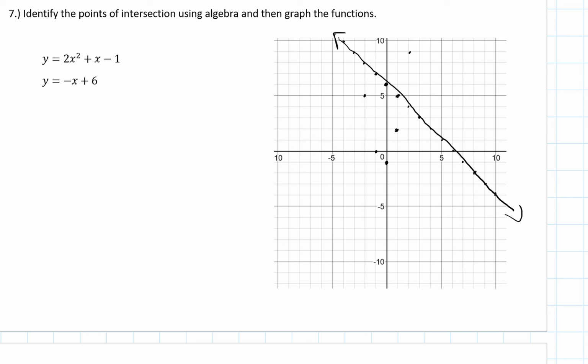Let's see. Minimum. Alright, so our vertex is not a very nice point, so it's negative 0.5, 0.25.